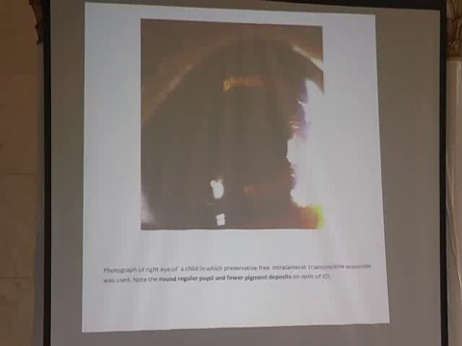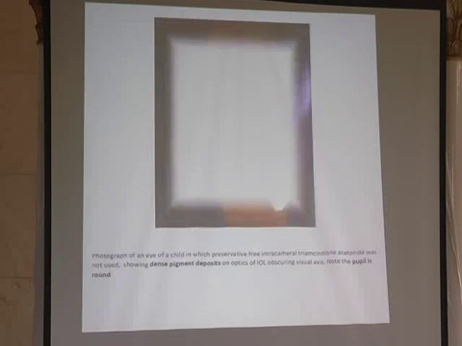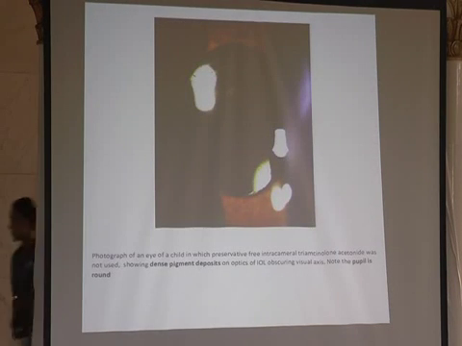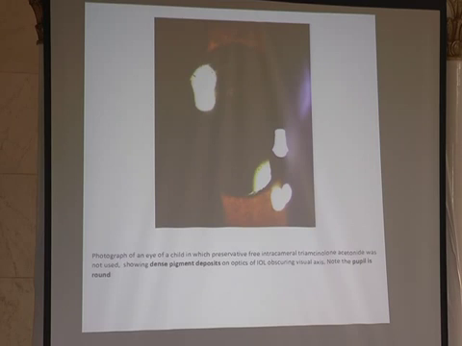This is a photograph of a patient in the study group. You can see the minimal pigment deposition and the pupil is round and regular. Compare this to the photograph where we did not use triamcinolone, where you can see significant pigment deposition obscuring the visual axis.